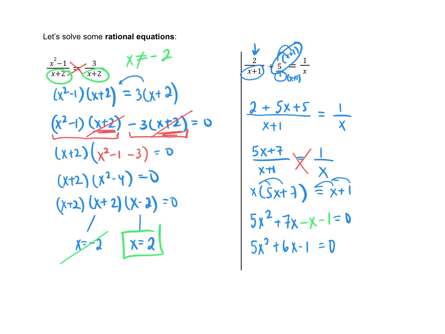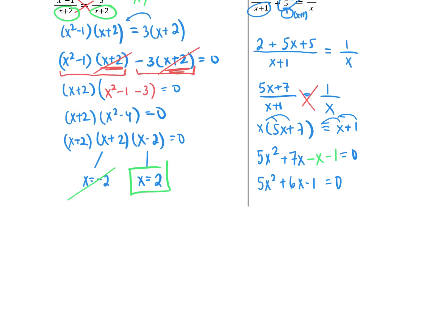And now I could try to factor, or I could do quadratic formula here. And just looking at this, I don't think that this is going to be factorable. So I'm going to do some quadratic formula. x equals -b, so -6, plus or minus the square root of b squared, so 6 squared, minus 4 times a, which is 5, times c, which is -1, all over 2a, so 2 times 5.